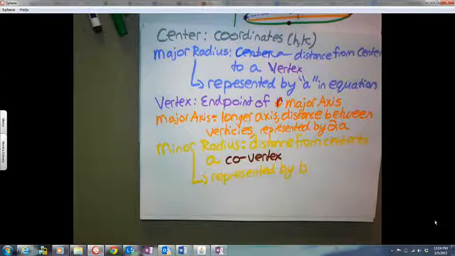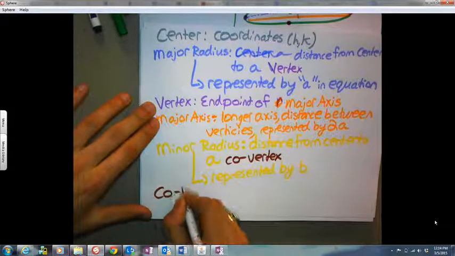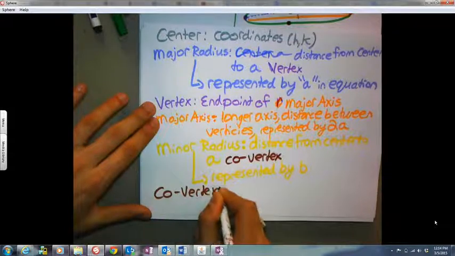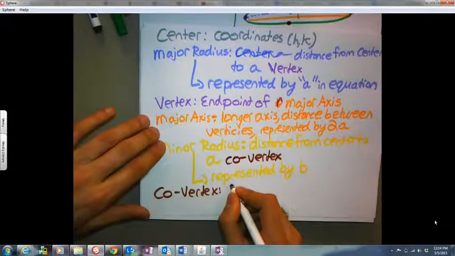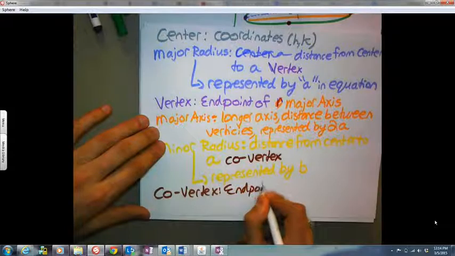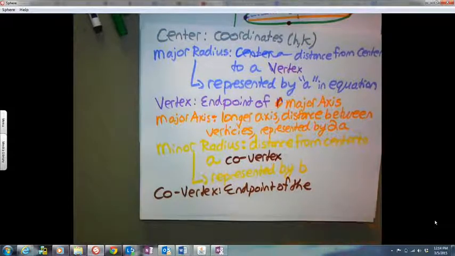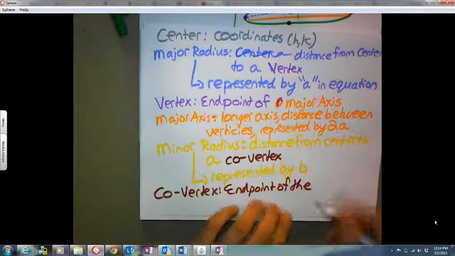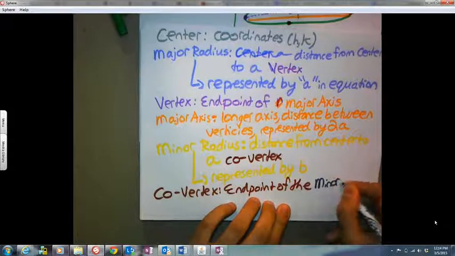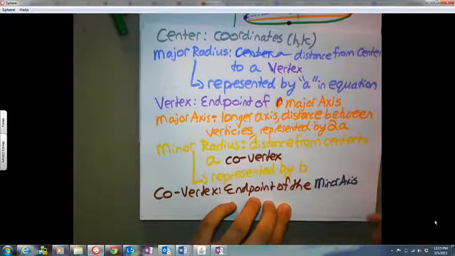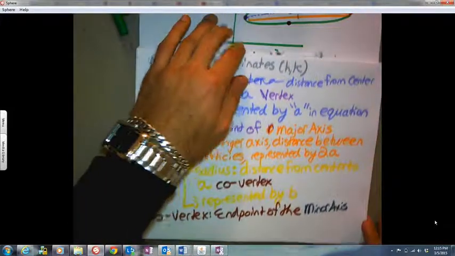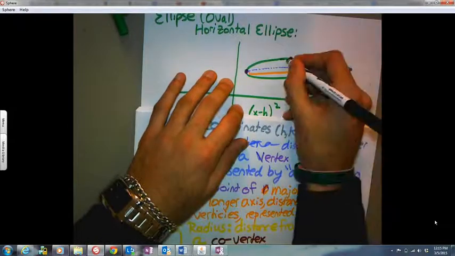We have a covertex, which is the end point of the new vocab word, minor axis. And minor axis is this distance right here. This is called the minor axis.